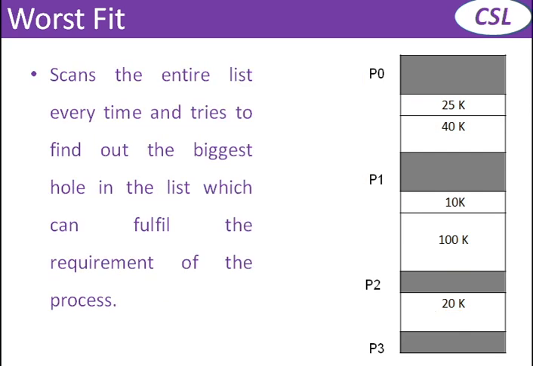And the next one is the worst fit method. Worst fit method is exactly opposite to the best fit method. In this method, it scans the entire list every time and tries to find the biggest hole in the list which can fulfill the requirement of the process.